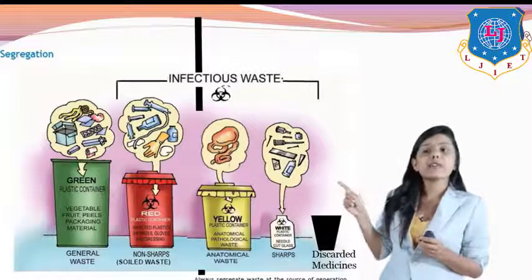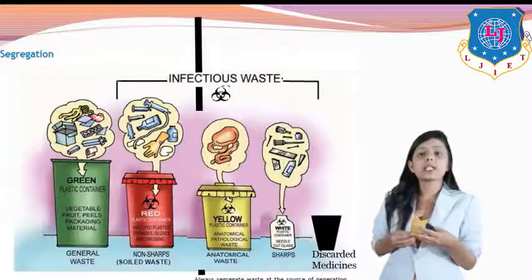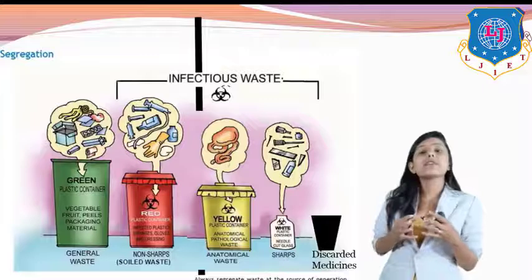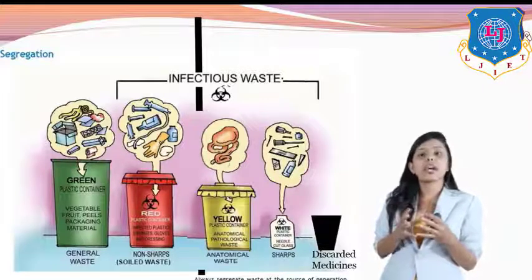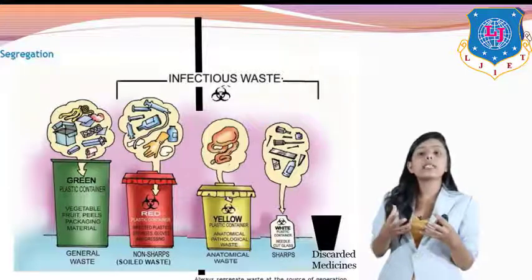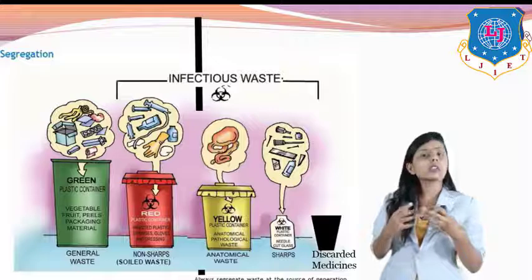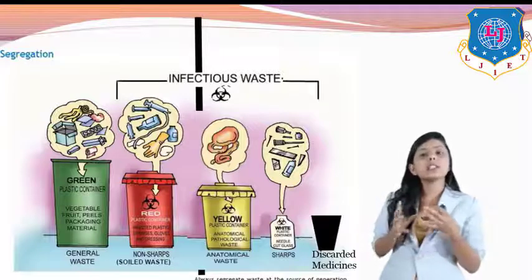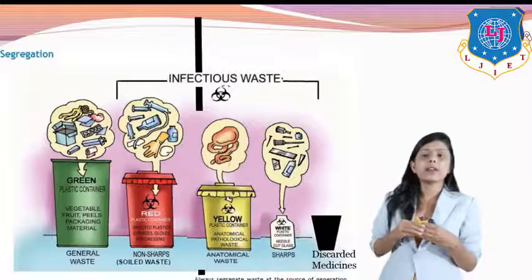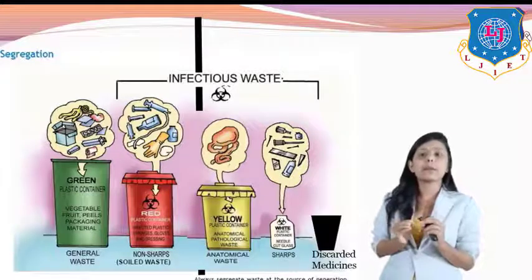For example, it consists of syringes, plastic, and gloves. These are infectious waste, but they are non-sharp waste. The next is the yellow container. What does the yellow container consist of? The yellow container holds human organs or animal organs. The white dustbin is specifically used for sharp waste.